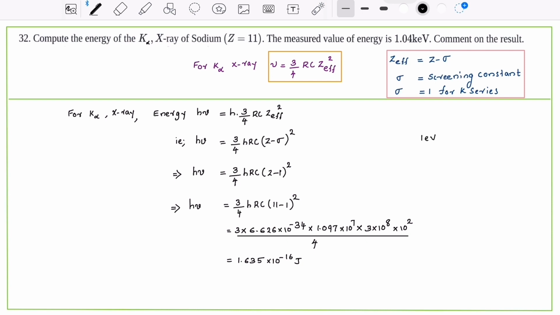Let us convert it into electron volt. 1 electron volt is 1.602 into 10 raised to minus 19 joule. Therefore, h nu is equal to 1.635 into 10 raised to minus 16 divided by 1.602 into 10 raised to minus 19 electron volt.